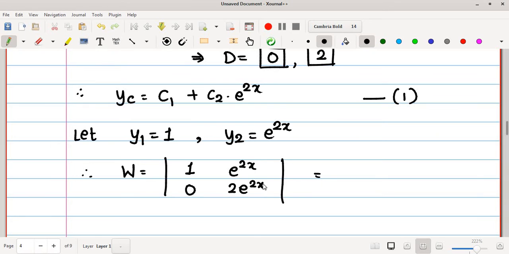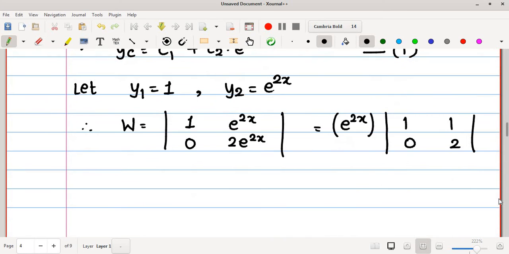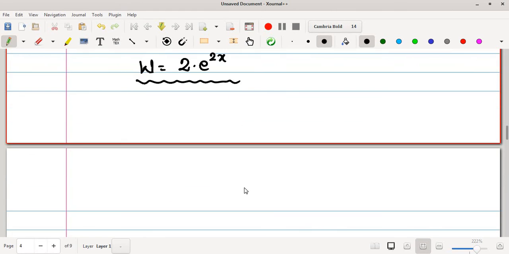To take the product, we can take e raised to 2x common from the second column. So we get 1, 0 in the first column, 1 and 2 in the second column. If you take the product, the value of W is equal to 2 times e raised to 2x. So this is the Wronskian W.